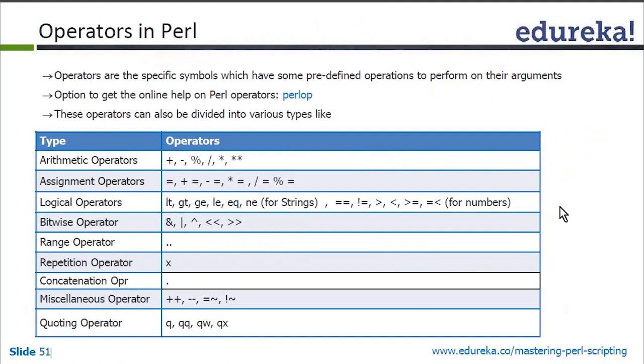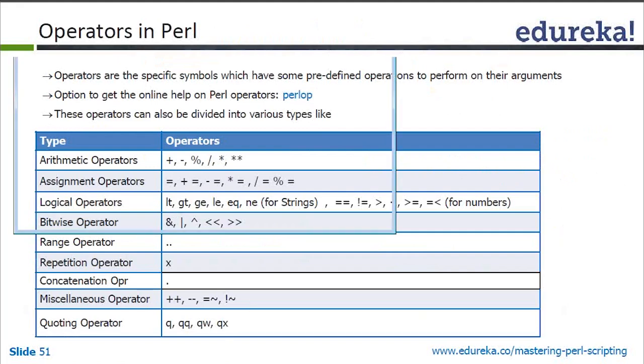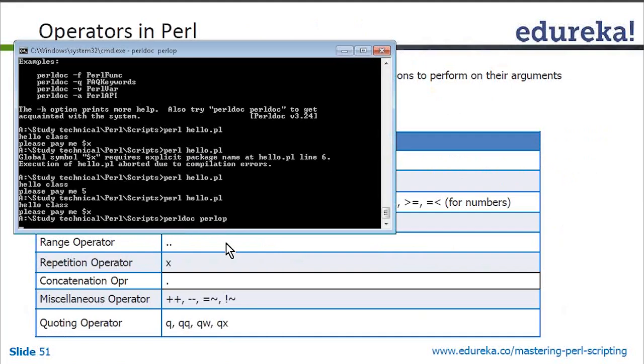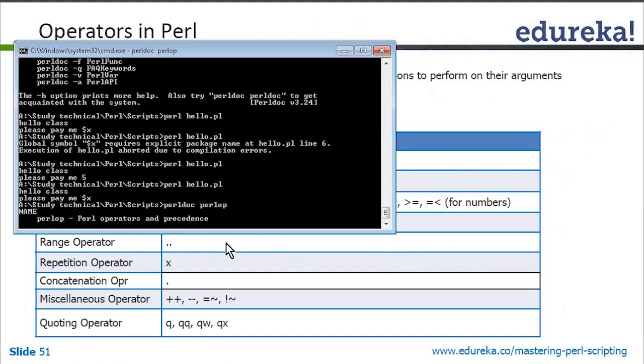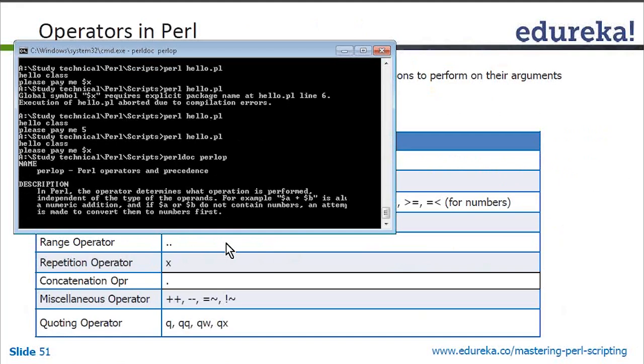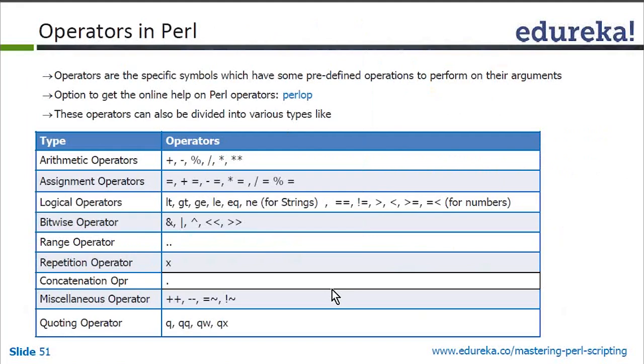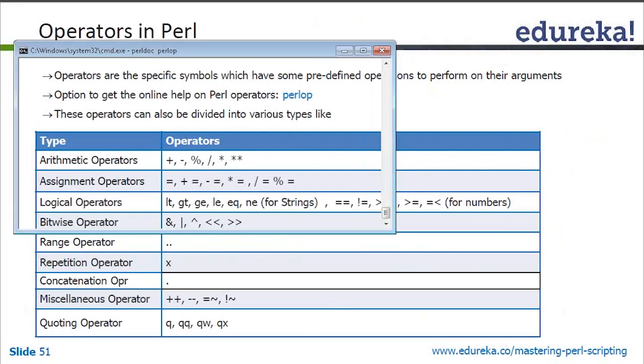The option to get the online help for Perl operators is perldoc perlop. If you just do perldoc followed by the keyword, as in the previous slides, it will give you all the information.